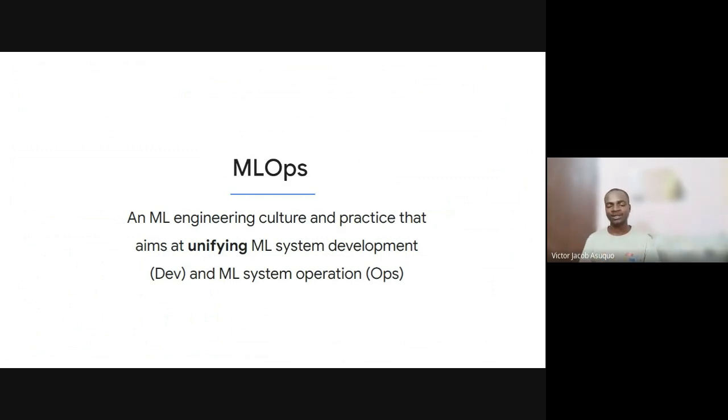Have you ever asked yourself, so this model now, how are we going to use this model? Let's say we are building something like speech recognition, image detection, or classification. How do we go about unifying the development of this model and the operations of this model?